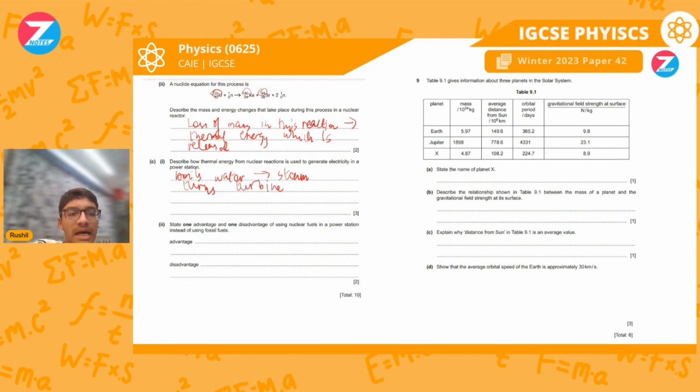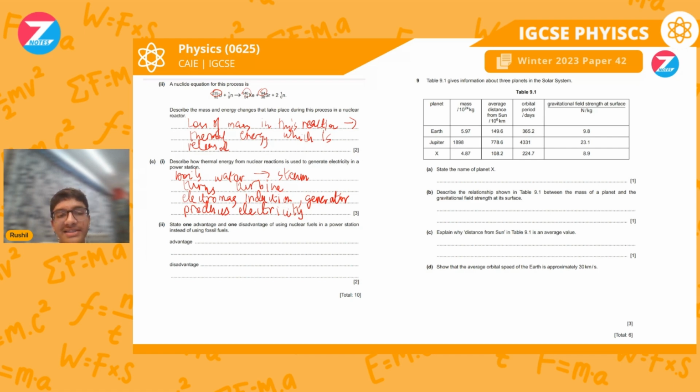As the turbine turns, it's connected to a generator. So by the process of electromagnetic induction, the generator produces electricity, because it's a coil in a moving magnetic field. So that's why the thermal energy boils water, forms steam. The high pressure steam turns the turbine, producing electricity through a generator.